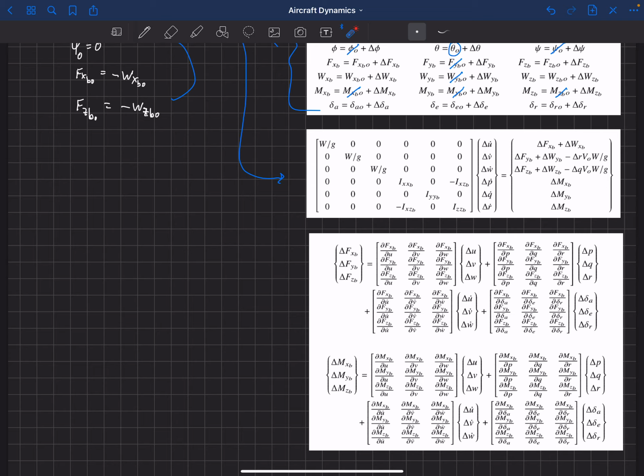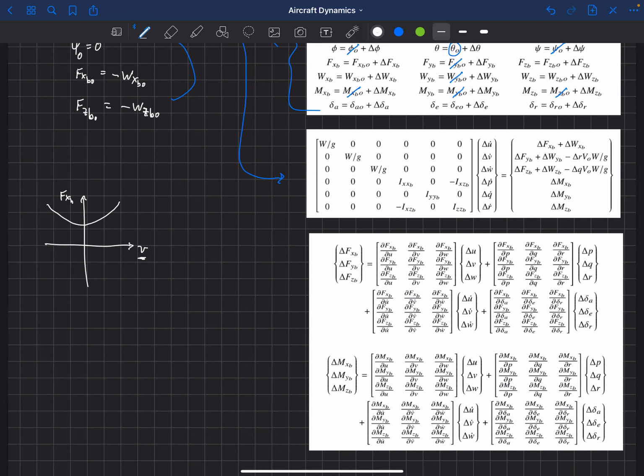So the force in the x direction very well can actually be a function of v. So if we were to plot it, this would be the force in the x direction in the body fixed coordinate system, and then on the x-axis would be v. So it will depend on v, but if the aircraft is perfectly symmetric, then a positive v, and v is related to beta, so that's probably easier to think of.